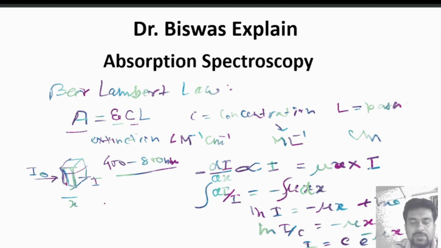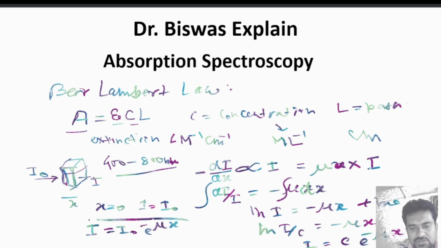Now, if you use the boundary condition that at x equal to 0, I is I0, then you get a simple equation, I equals I0 e to the power minus mu x. Well, this is the attenuation equation. So this is the basis of the Beer-Lambert law.